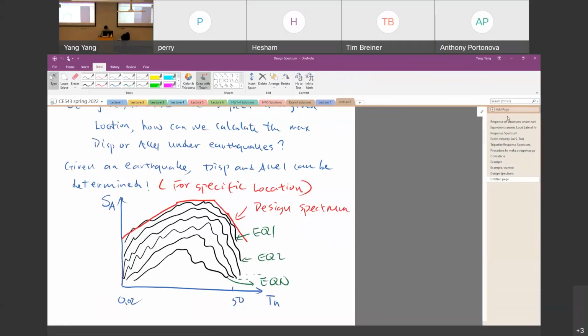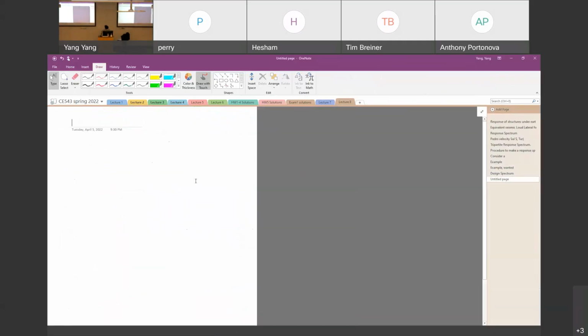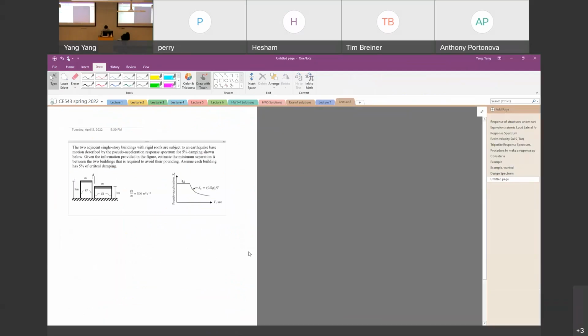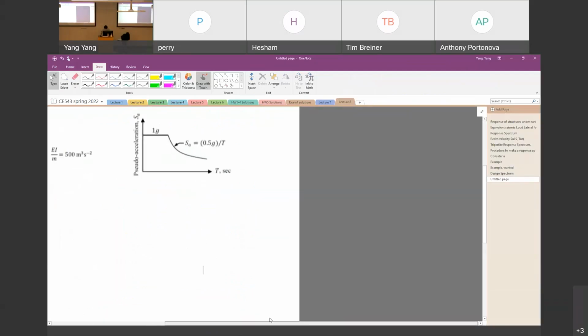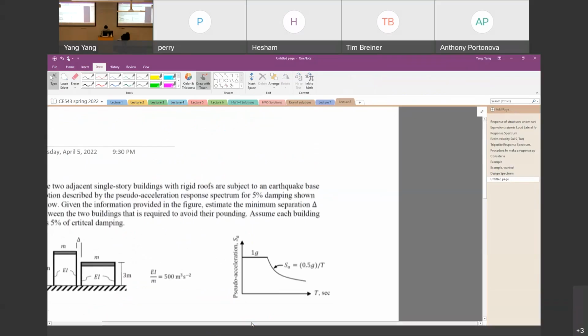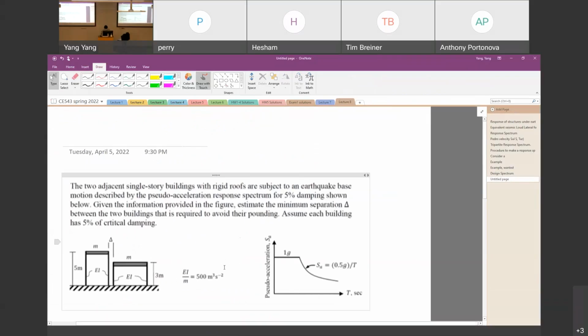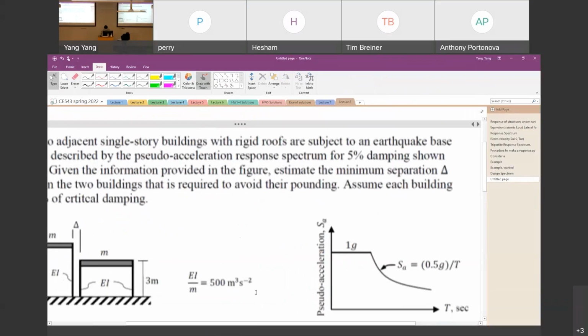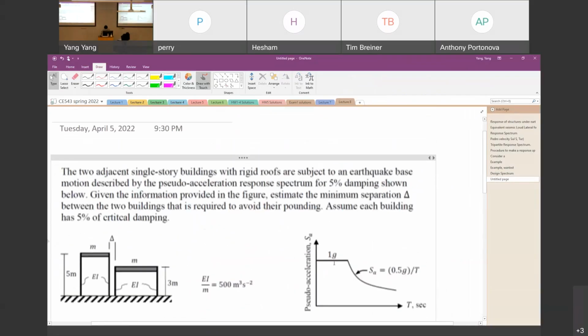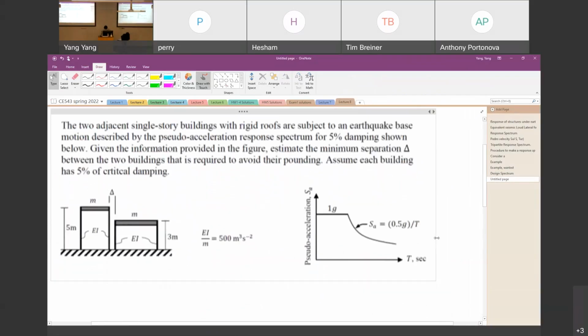Let's work together and show how we can use a design spectrum. The design spectrum is typically smoothened, other than the curved spectrum over here.